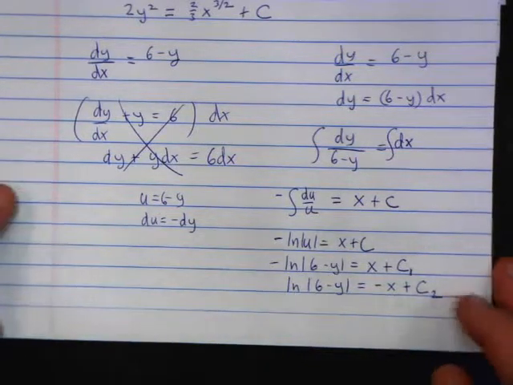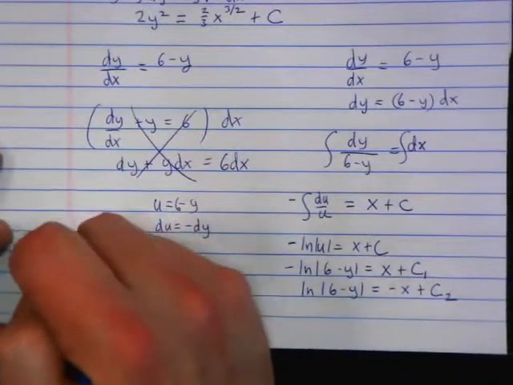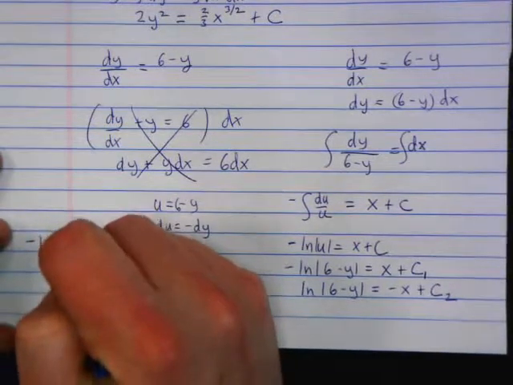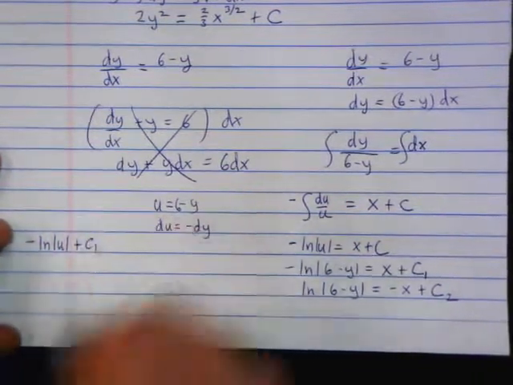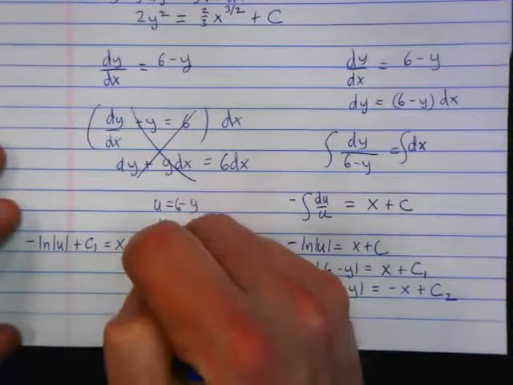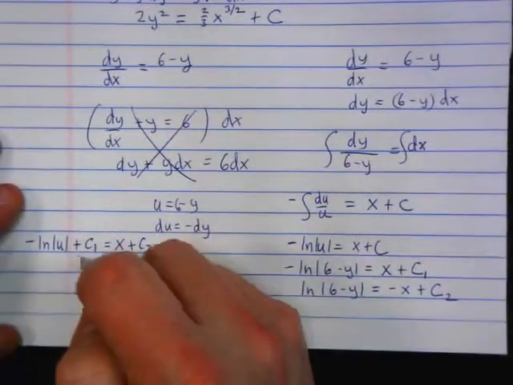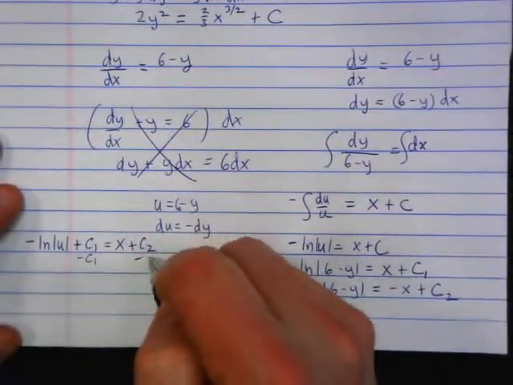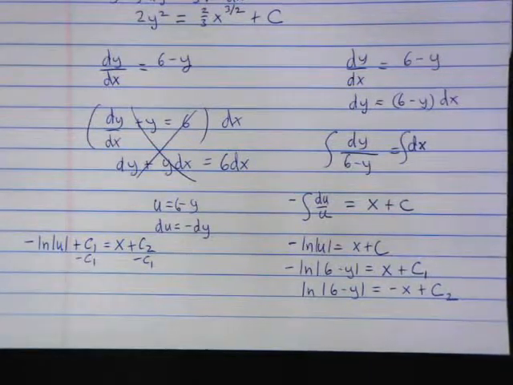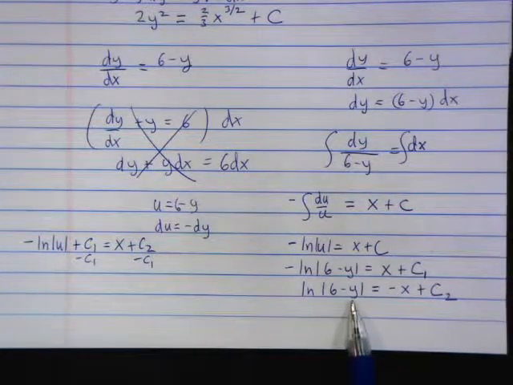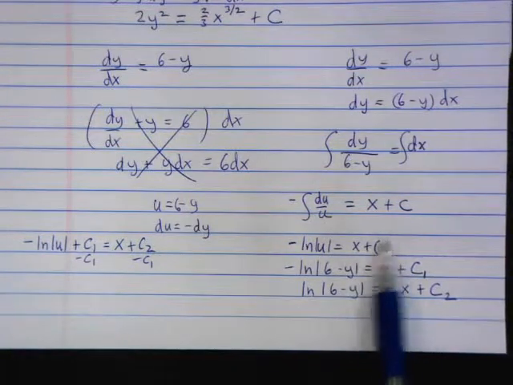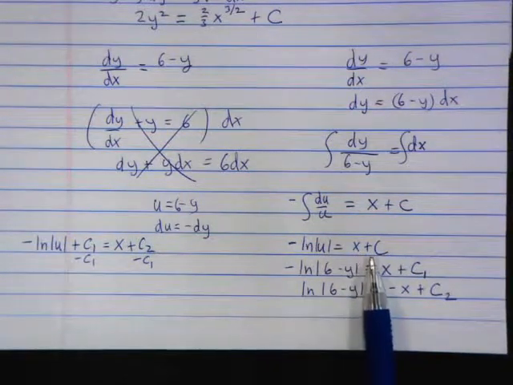Because I could put it on both sides, and I could have minus ln absolute value of u plus C1 equals x plus C2. But then probably the first thing I would do is subtract C1 on both sides, and then I would just call it C. So typically we only put the c on one side. Truthfully, it doesn't matter which side you put it on. Usually we want to get the y all by itself, so usually we put the c on the same side as the x. That's the way it goes.